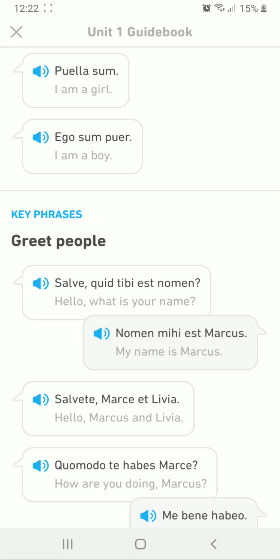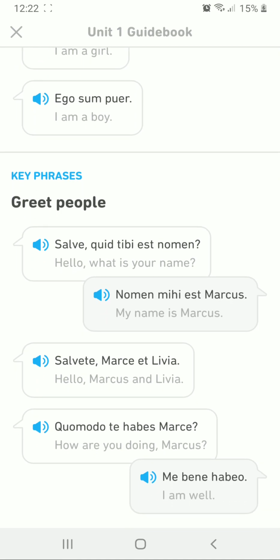So why is it so? It might be because of the cases. Depending on the function of the word Marcus in the sentence, it might have a different ending.